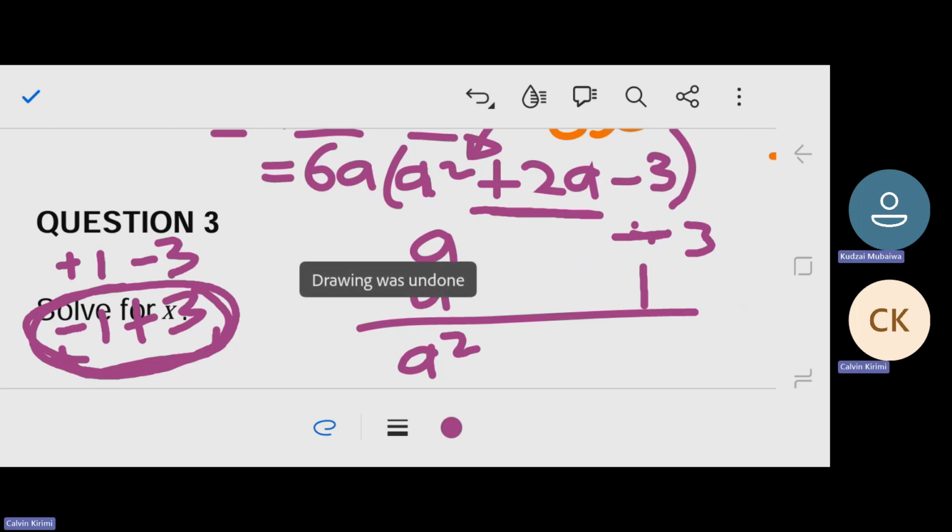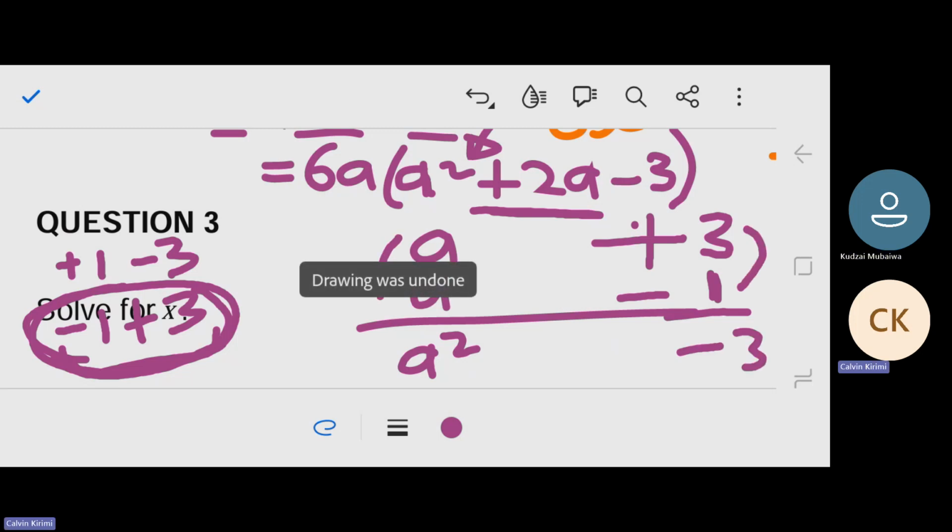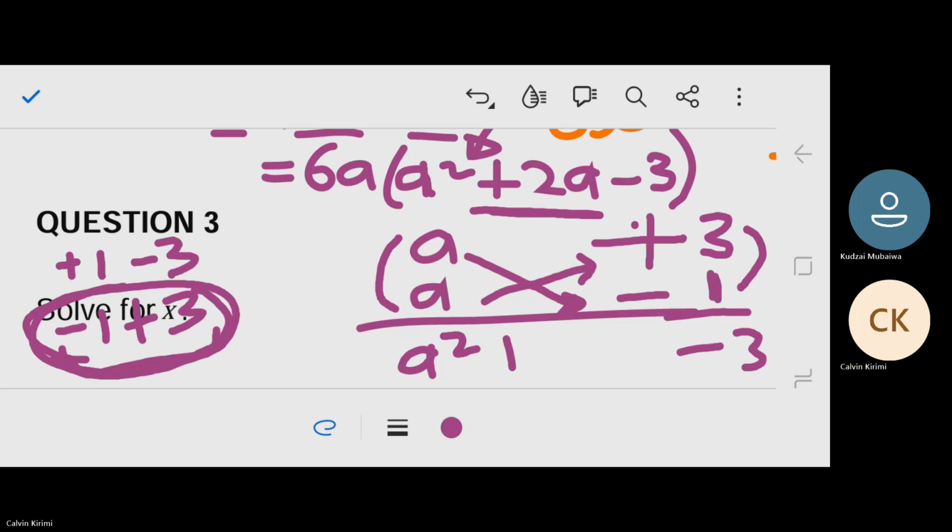Instead of -3, you put +3, and instead of +1, you put -1. When you multiply these, you get -3, and when you cross multiply, you must get the middle term, plus 3A minus A.